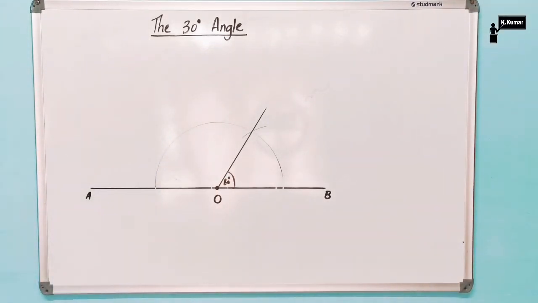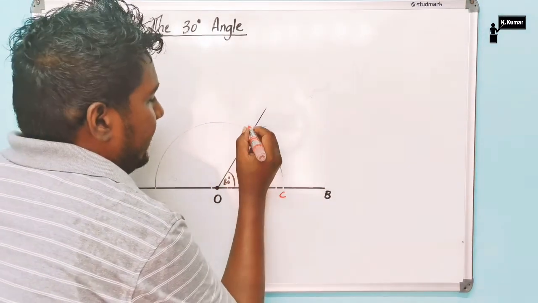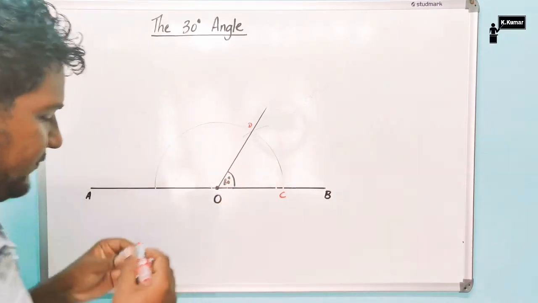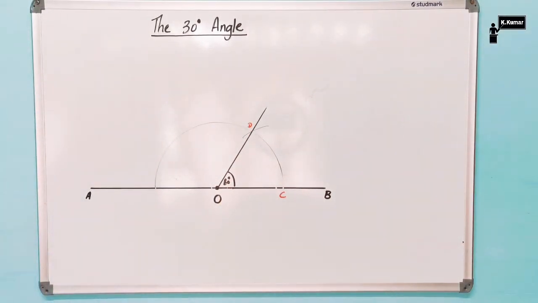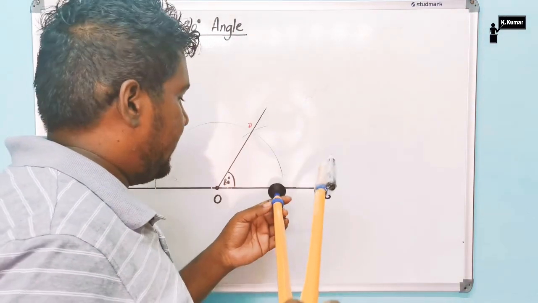So in order to get the 30-degree angle, we have to bisect that 60-degree angle. The 2 points we're going to work with would be here, so let's call this C, and here let's call this D. Now you place the compass point at C. I'm still using the same measurement.